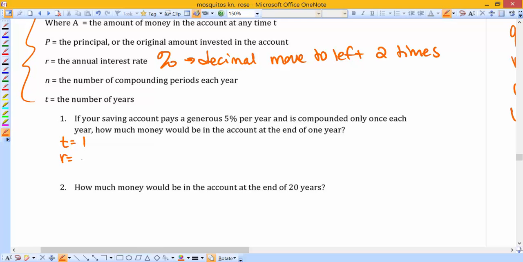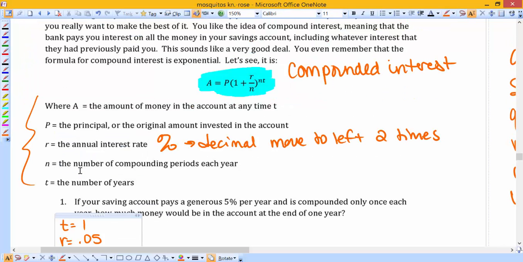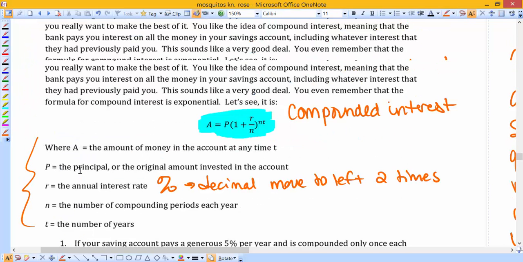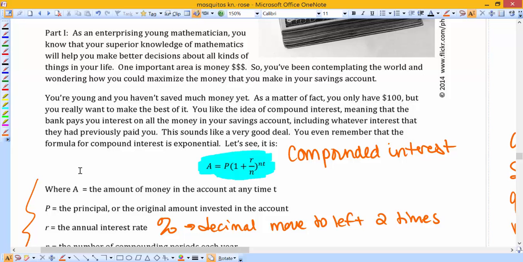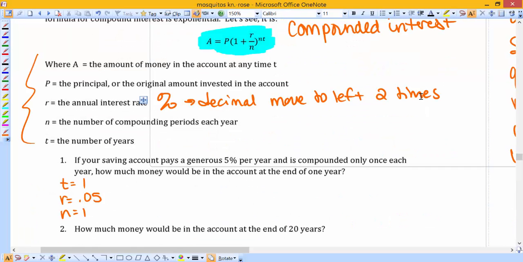My rate would be 0.05. Compounded once a year, n is going to equal 1. Now my principal amount is given back here. In this paragraph, we have $100. So our principal is 100.